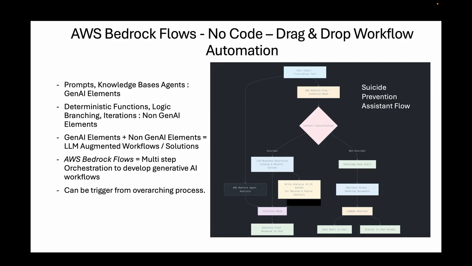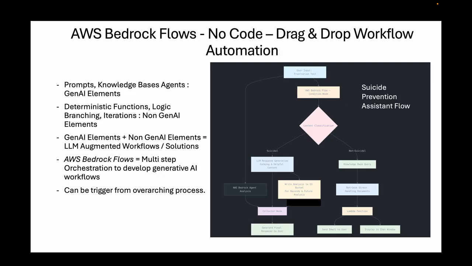So AWS Bedrock Flows is a no-code drag and drop sort of automation where you can take your existing workflows, figure out where generative AI can be used there, or just start with generative AI workflows, or as we call it, LLM augmented workflows, and get both generative AI elements as well as the deterministic logic driven elements of a workflow.